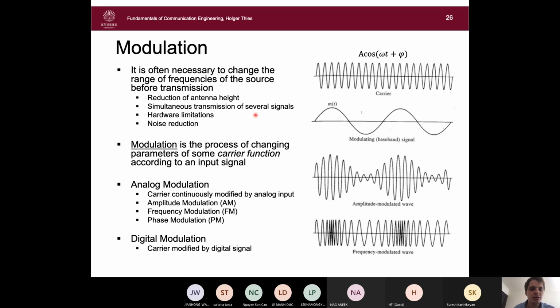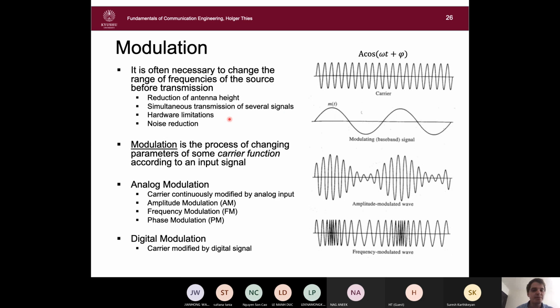And also sometimes we want to transfer several signals at once, which is called multiplexing. So sending several signals through the same channel by having some frequencies assigned to one signal and other frequencies assigned to another signal. This is one reason why we want to change the range of frequencies.